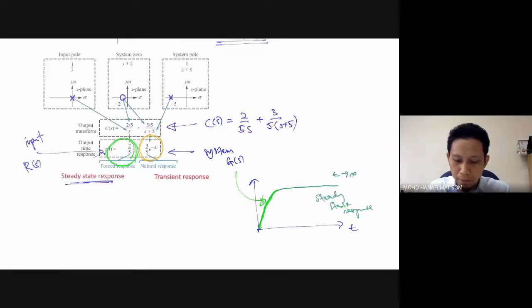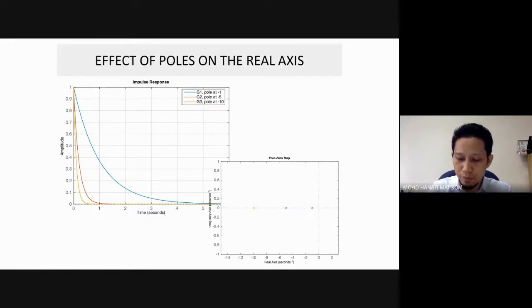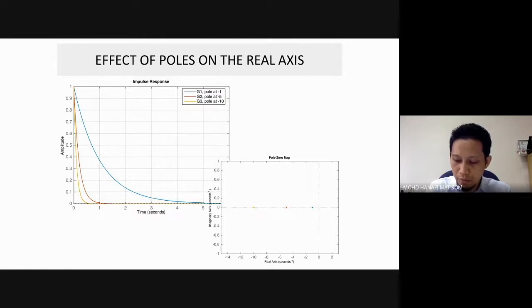Next, I will show you the effects of poles on the real axis. For example, we have the first one with a pole at negative 1.